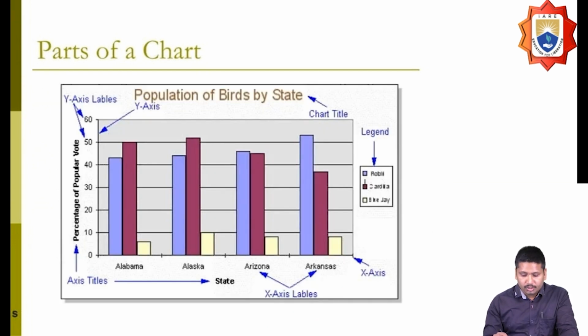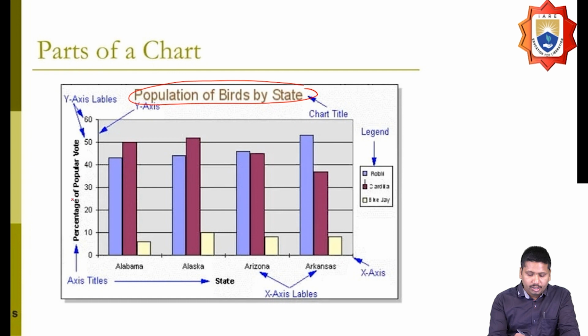Let me show this. In this graph, this is the chart title, these are the x-axis and y-axis titles, and these are the labels I considered in the graph. These are the legends, coloring blue and red, with values like 40 and then 50.